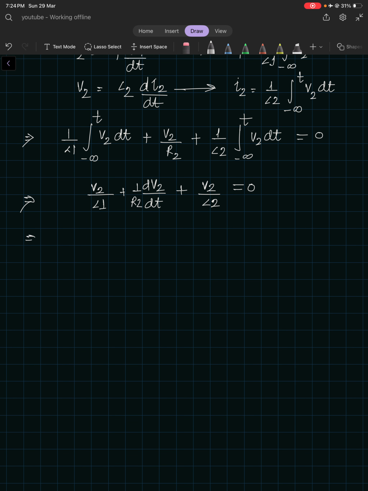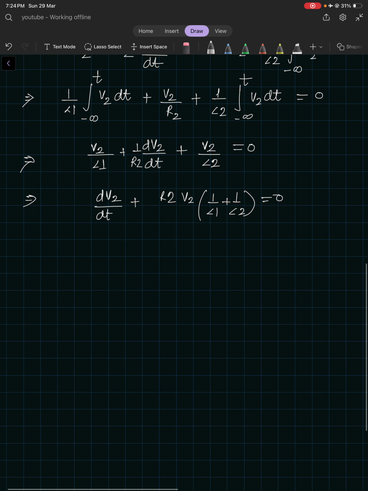Now you see it has become a first order equation. I'm directly simplifying it: dV2 by dt plus V2 times (1 by L1 plus 1 by L2) is equal to 0.